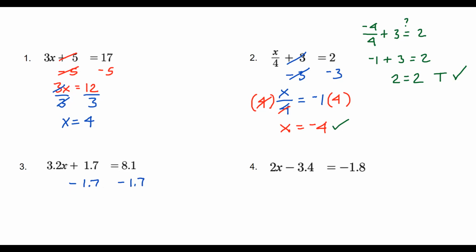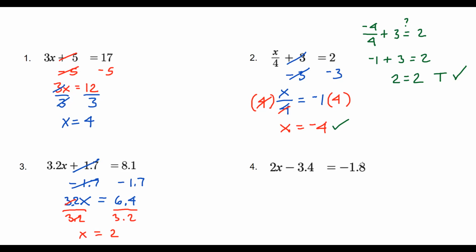So when we do that, this cancels out. 3.2x is equal to 6.4. And then we're left with our one-step equation. And we will divide by what x is being multiplied by, which is 3.2. Both sides. That cancels this out and leaves us with x is equal to positive 2.